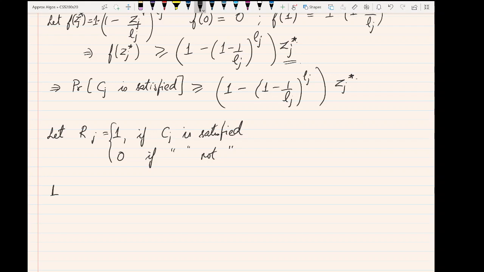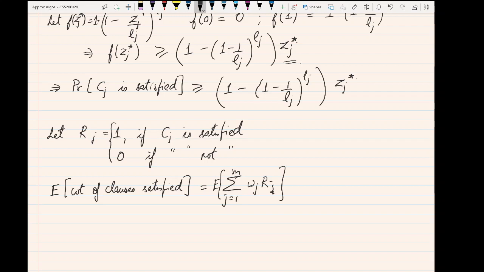So the expected weight of clauses satisfied is the summation over j of wj Rj in expectation, which by linearity of expectation is just summation wj times the expected value of Rj, and the expected value of Rj is exactly equal to the probability that Cj is satisfied.